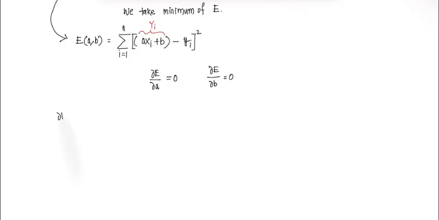So differentiating with respect to b, the sum of a xi plus b minus yi, where the square becomes the coefficient.